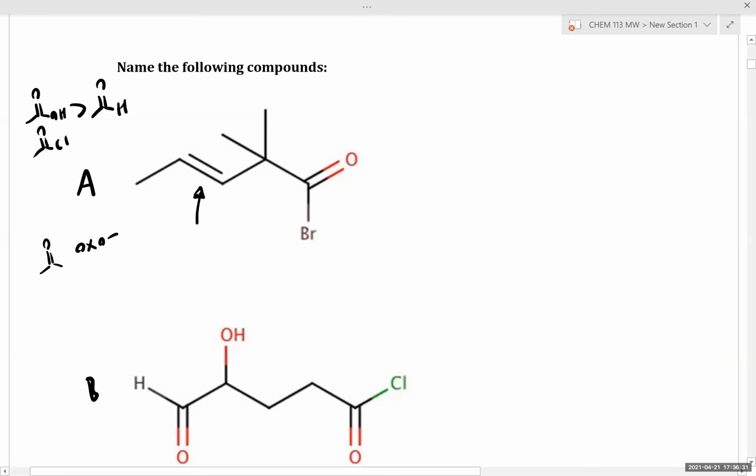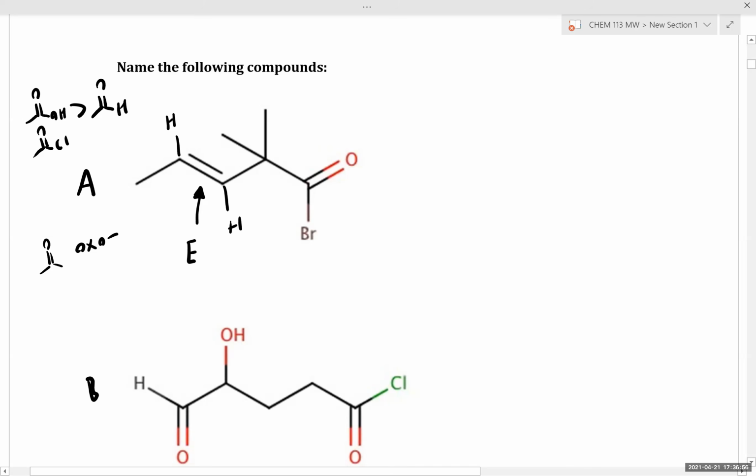So we have one student immediately looking at this alkene and saying that alkene has stereochemistry. What is the stereochemistry for this alkene? Is it Z or E? E, exactly right. Okay.